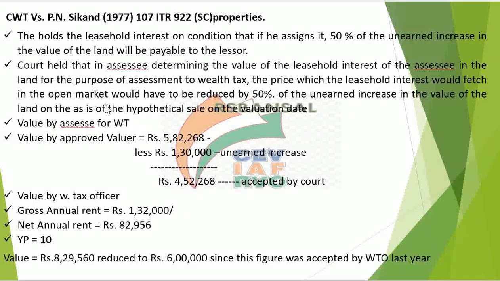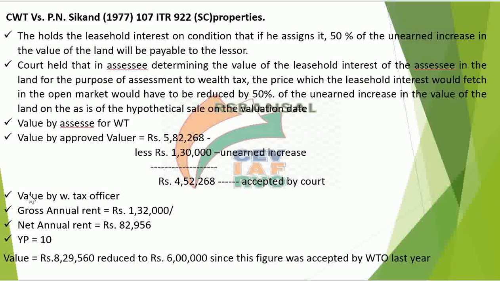So, as far as the valuation by the assessee for wealth tax, as given by the approved valuer, it was 5,82,268, out of which 1,30,000 was deducted as 50% of the unearned increase. So the value of 4,52,268 was accepted by the court.